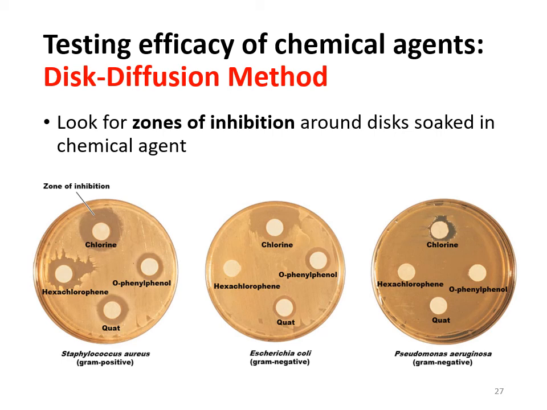Instead, it's rather resistant. Any of the ones where you see the disc with no empty halo around it, no zone of inhibition, that means that bacteria is resistant to those disinfectants. So for instance, you would not want to select hexachlorophene to try and kill Pseudomonas or E. coli, because notice that the bacteria grew right up against the disc, no problem. They were resistant to it.